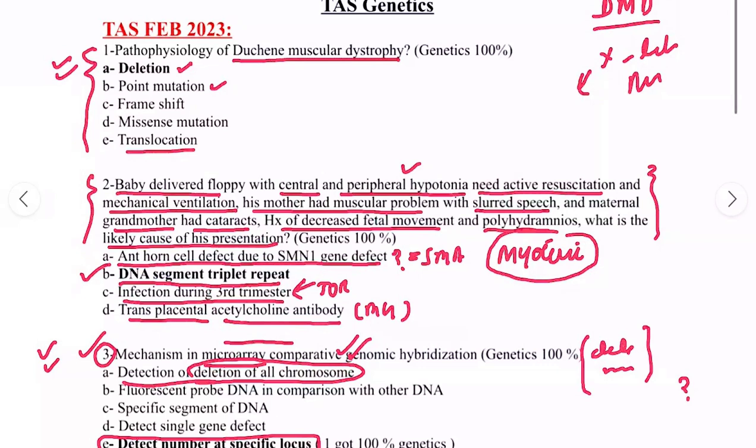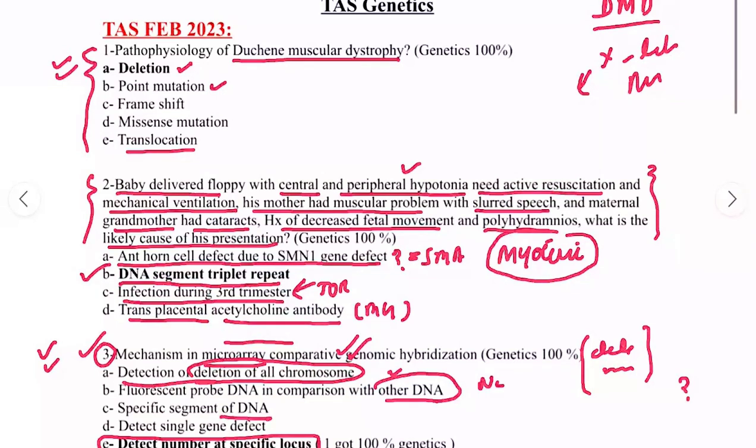Yes, it cannot detect translocations. They have given you an example about deletion and duplication. Where there is duplication, there is green color, and where there is deletion, there will be red color. Now see, it is going to detect fluorescent probe DNA in comparison with the normal DNA, not the other, with the normal DNA.